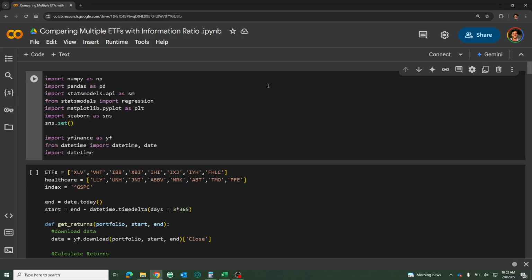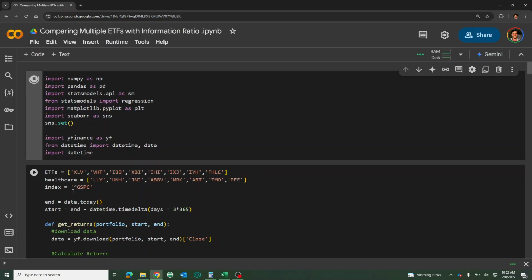That's a good way of comparing, especially if each holds different asset types or just different stocks in general. So today we are taking a look at whether these ETFs.